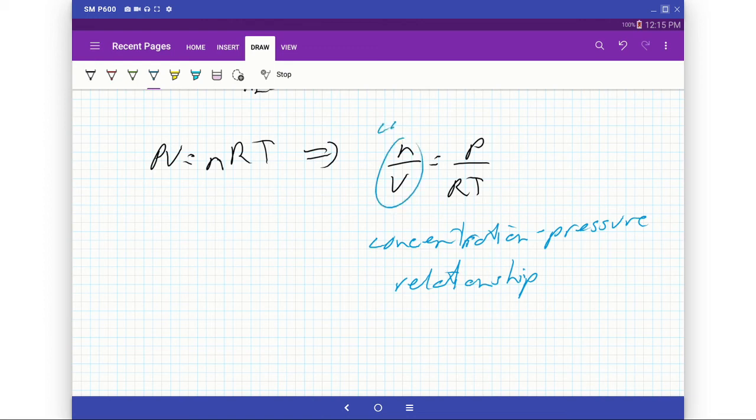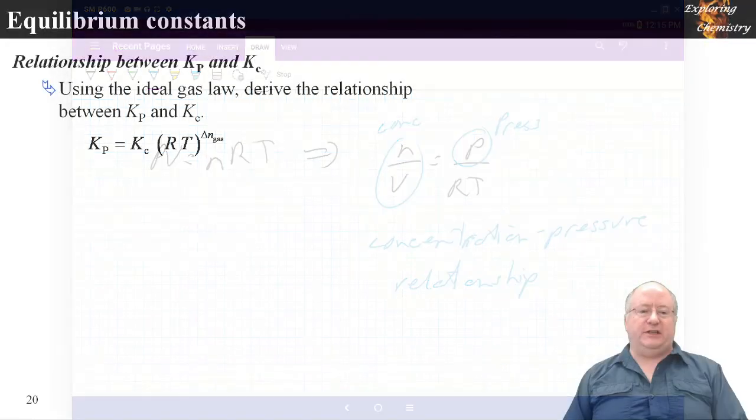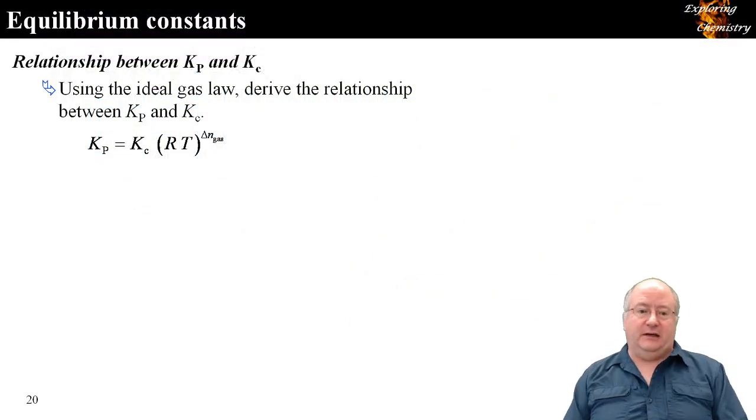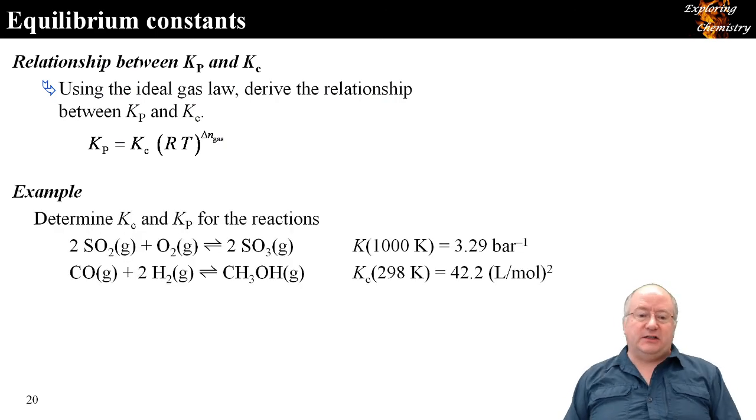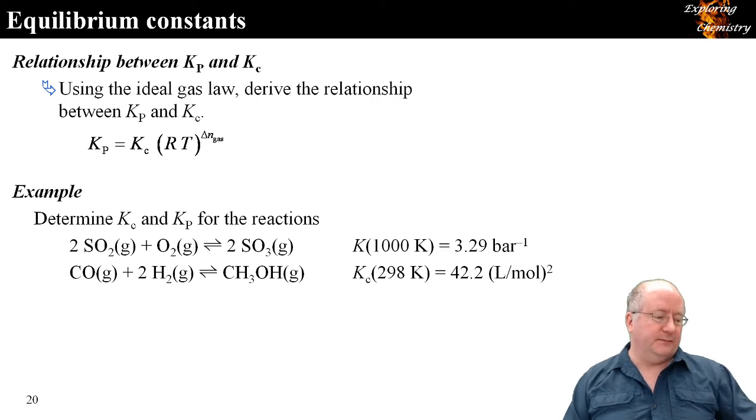Concentration, pressure. And with that concentration pressure relationship, you get what you see here. Kp is equal to Kc RT to the delta N gas. And I'm going to explain what that means by doing a couple of examples.